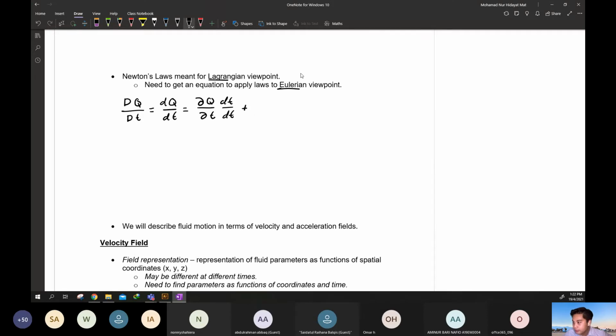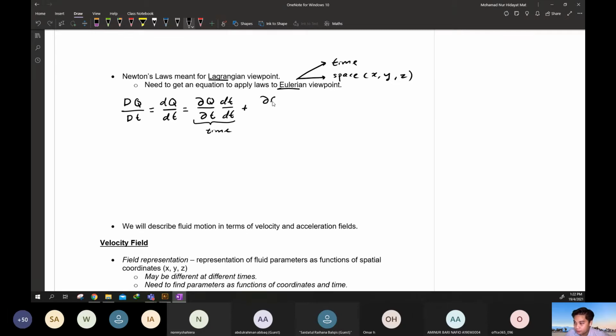Remember that the Eulerian is a function of time and space, which is X, Y, and Z. We use Newton's law to convert from the Lagrangian to the Eulerian. This is how we convert. So this is in terms of time, and the next one is in terms of space.